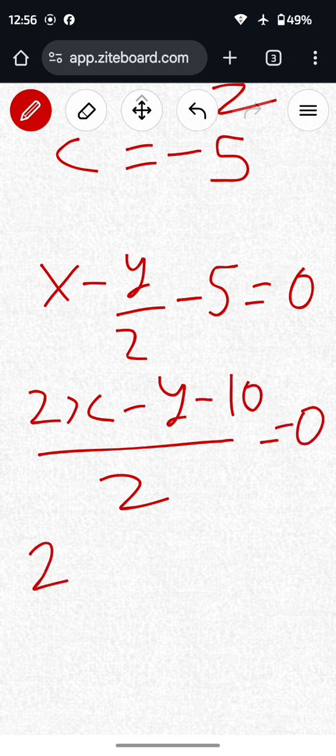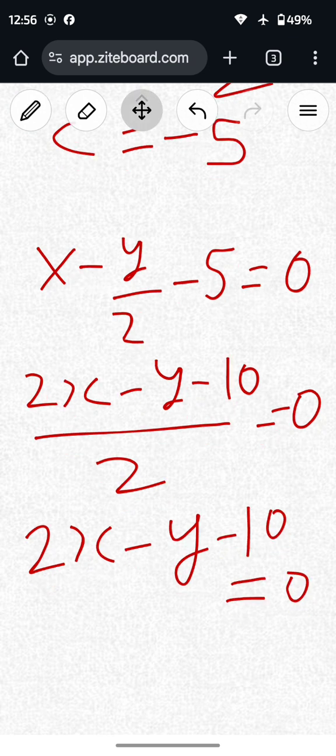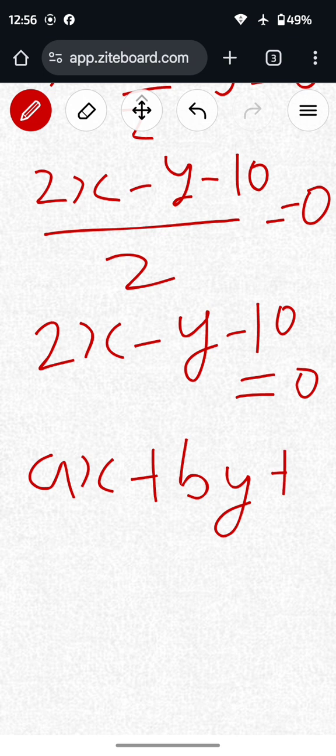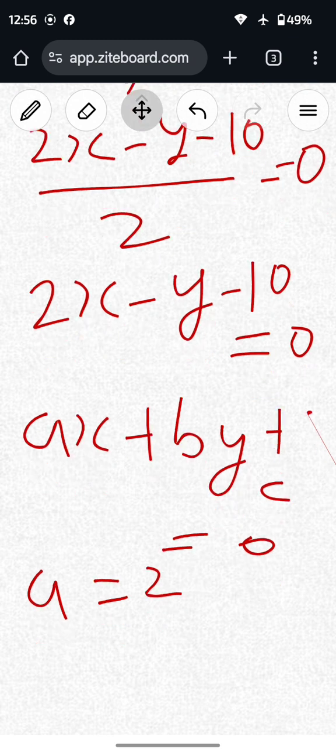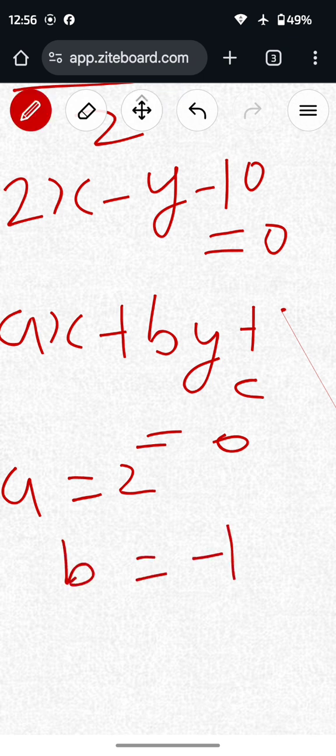Now you can compare the equation with standard form ax plus by plus c is equal to 0. So a will be 2, b will be minus 1 and c will be minus 10. Both the answers are right.